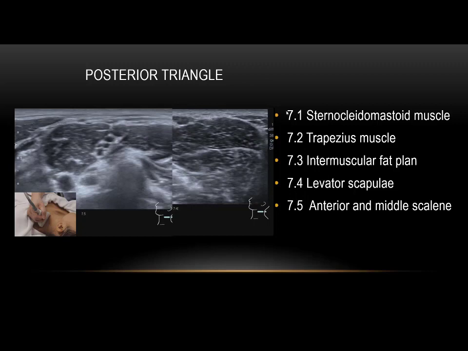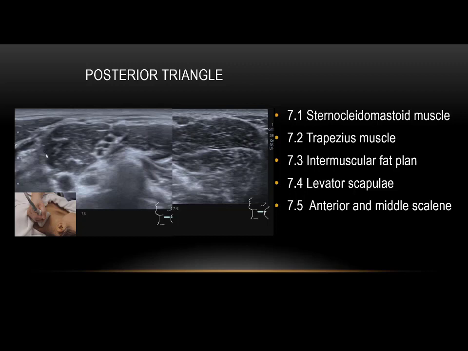Sternocleidomastoid more anteriorly, posteriorly the trapezius muscle, and the patient turns the neck to the other side, and then we focus on the area between these two tips of muscle edge. So you can see the shallow fossa here. This is the posterior triangle. And then we look at the floor of this triangle. As I told you, we see part of the brachial plexus.